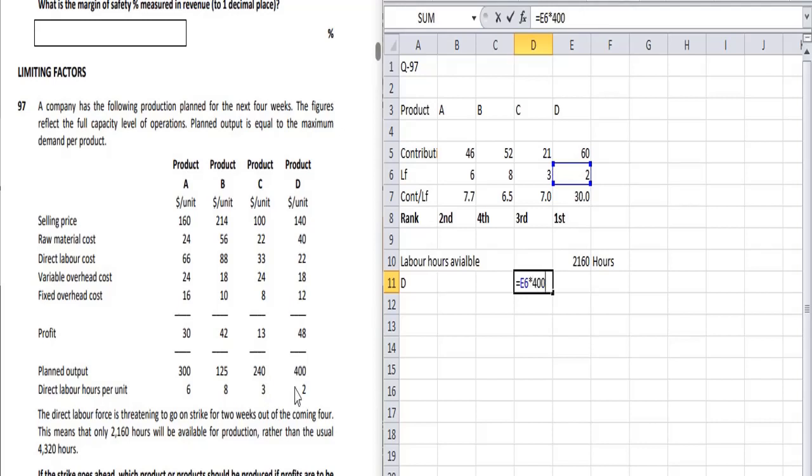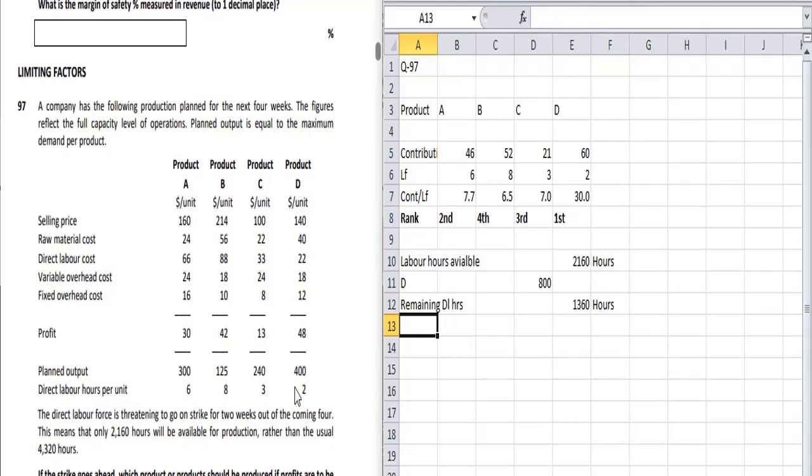It's 400, so it means 800 hours will be required. So the remaining direct labor hours will be this minus this, so 1360 hours will remain.